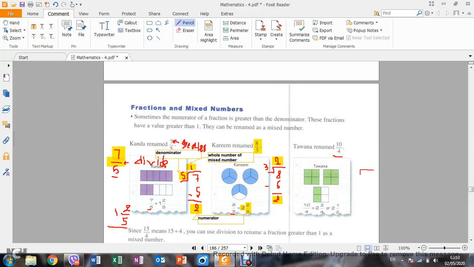I'll use it. 10, our numerator, divided by 4. In 10, how many 4s do we have? 2. 2 times 4 is 8.